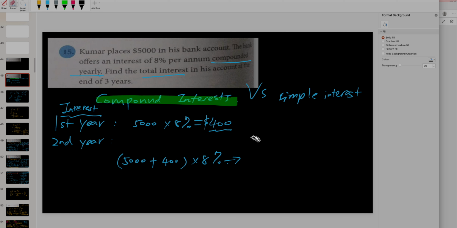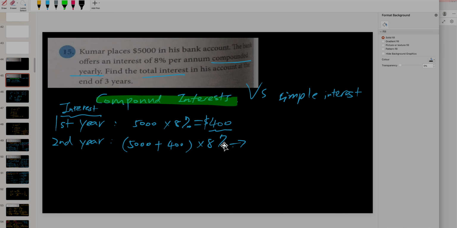Then you times the 8%. So what's the answer? Calculator. $432, right?